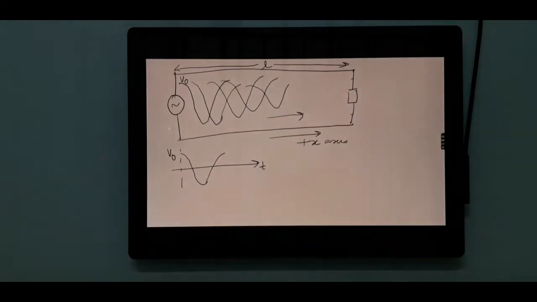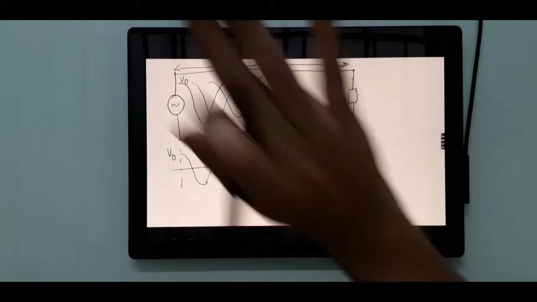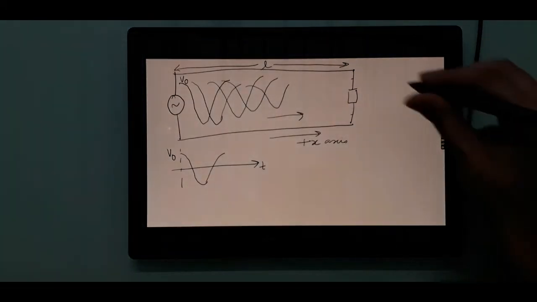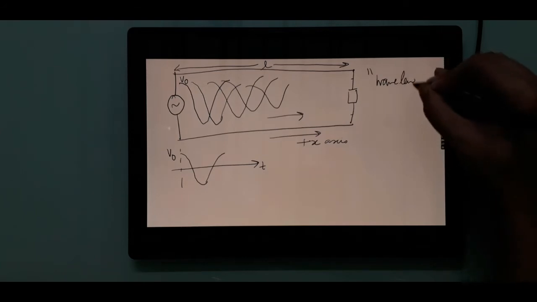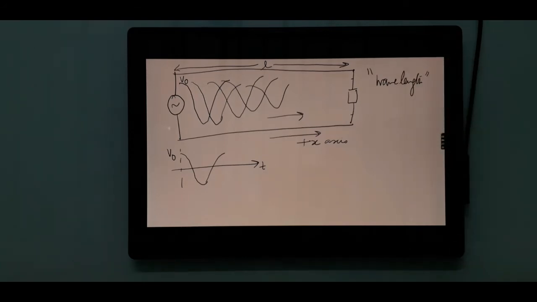Now let us look at this same problem, but from another angle. Let us now consider the wavelength. How do you define wavelength? Wavelength corresponds to the physical distance over which the wave starts repeating itself. So in the time domain, what we have is the time period of the wave.